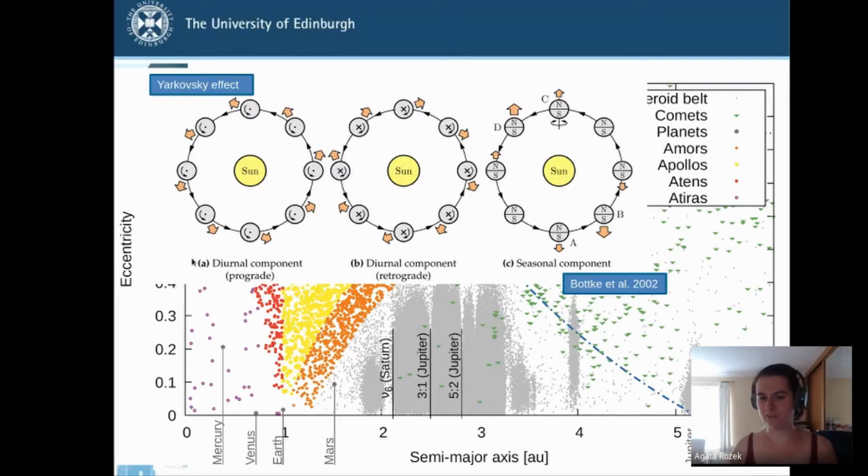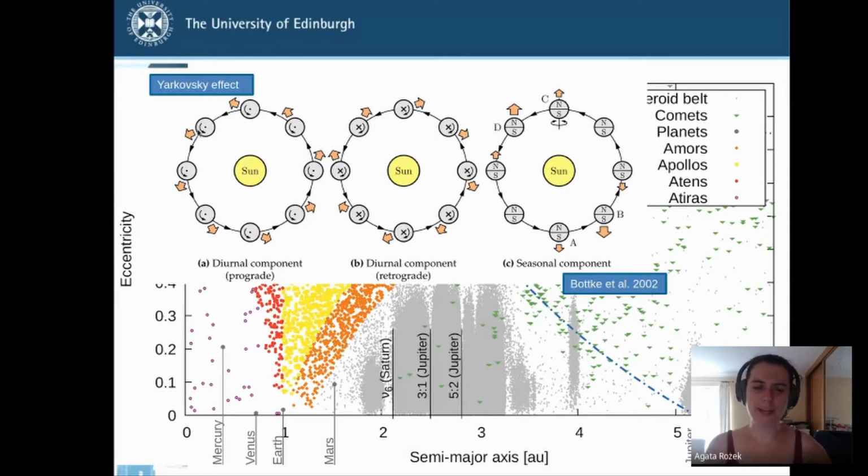We now know it's nothing to do with ether. It's just enough to have the solar radiation absorbed by a body and then re-radiated to create that little push. And it's very, very tiny, but it's always there. And it can cause very serious systematic effects in terms of the Yarkovsky effect.